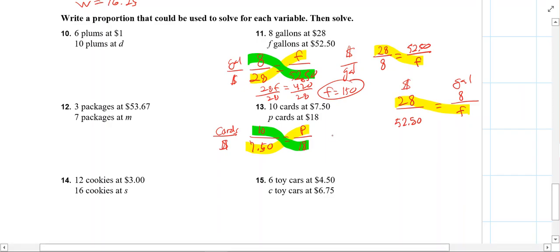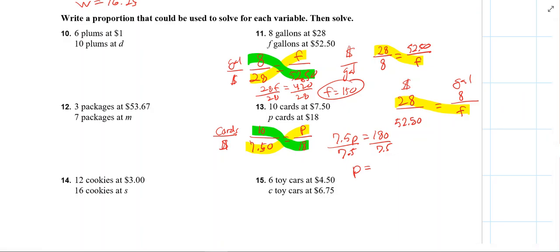So that's going to be 7.5P is equal to 180. I'll divide both sides by 7.5 and get P equals 24.